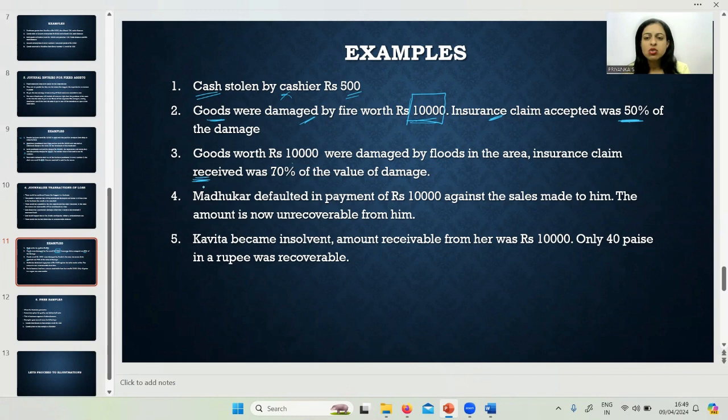Now, in this case, it is not stated whether the insurance company has made the payment by cash or by bank. But in usual courses, no insurance company will make the payment in cash, right? They will give you a check or transfer the money to your account. So we will need to take into consideration this receipt which is happening. This will be via bank.